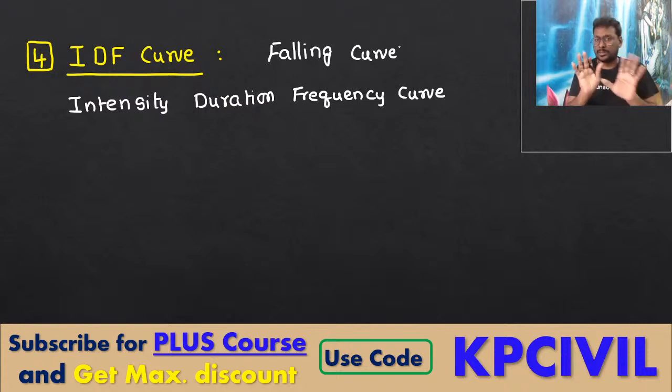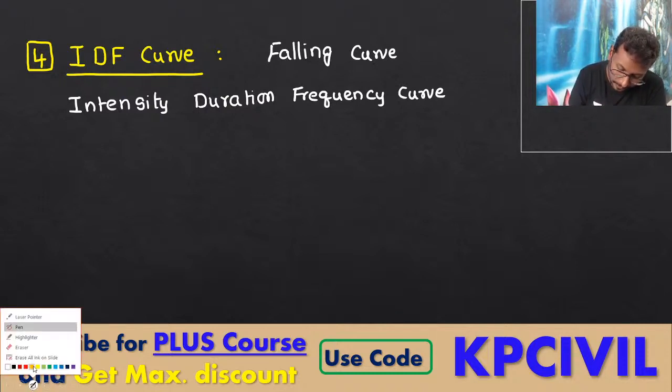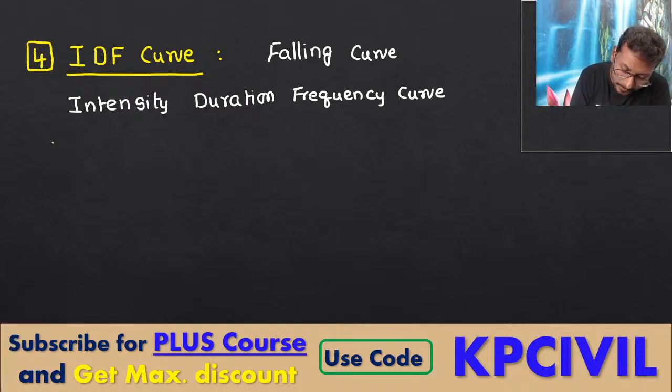Same curve, no change. But what we are taking is the relation between intensity and duration, and we kept frequency constant. What is the frequency?